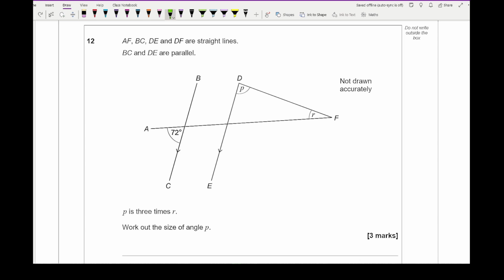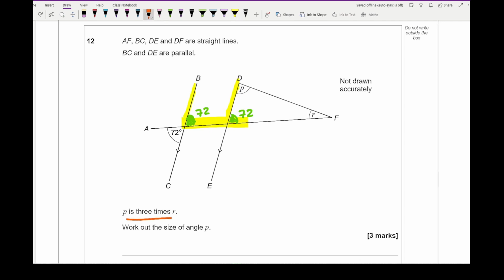From this I can see that this angle here is going to be 72 because it's opposite, and this angle here is also going to be 72 because I've got a corresponding angle, or F angle as they formerly called it, so that angle there is going to be 42.